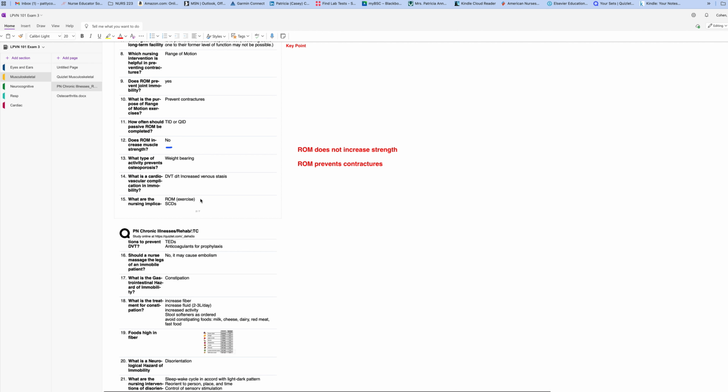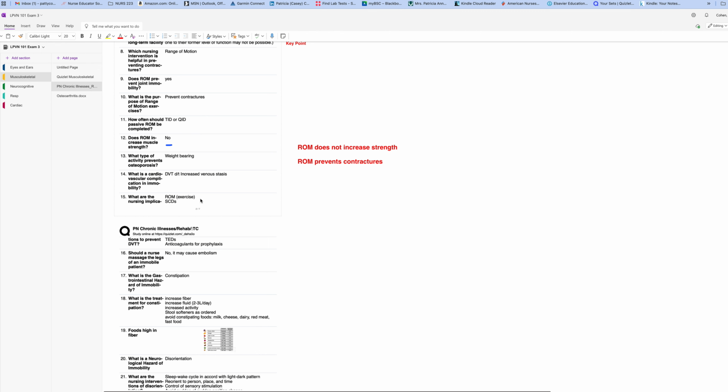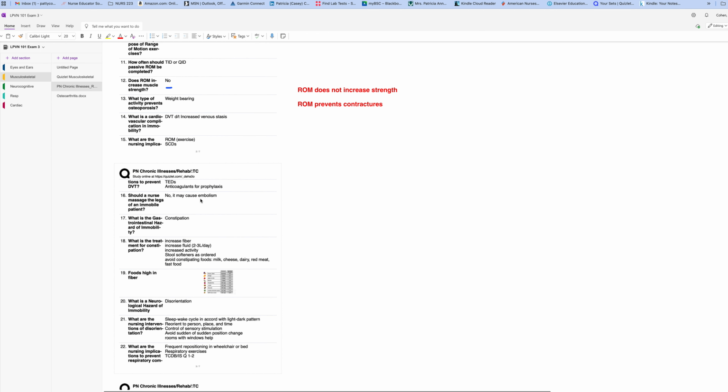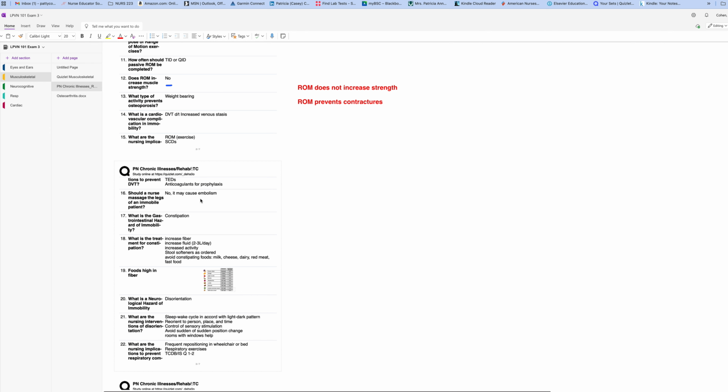So make sure they have compression socks on, if that's indicated, and make sure they're ambulating, right? SCDs could also be used, but not together. It's either going to be compression stockings or SCDs. You don't do both at the same time, and they need anticoagulants for prophylaxis. You never massage the legs of an immobile patient because you could dislodge a DVT and cause an embolism.